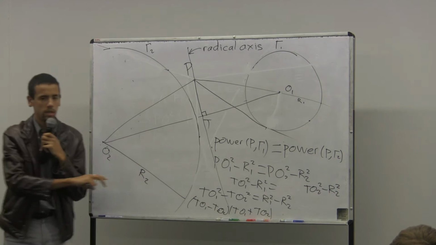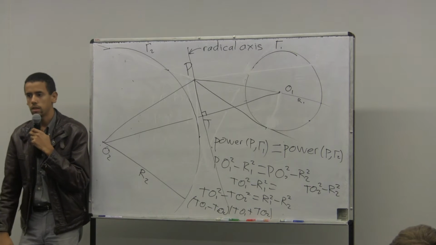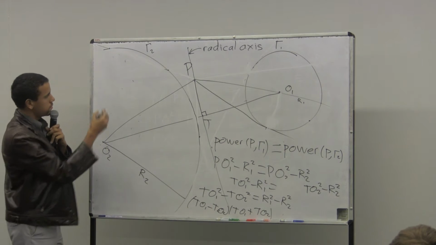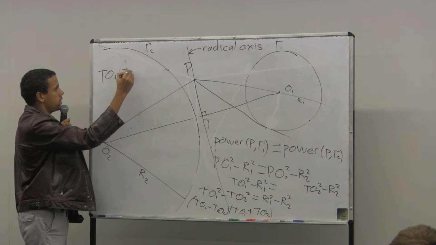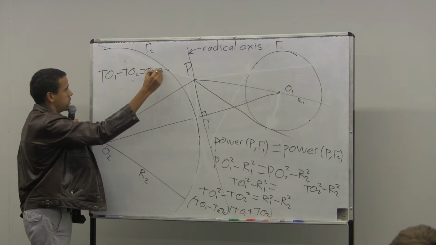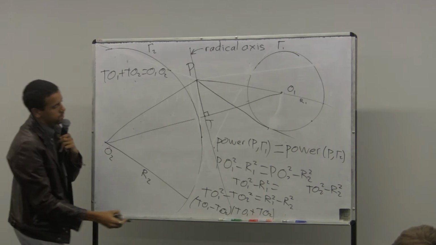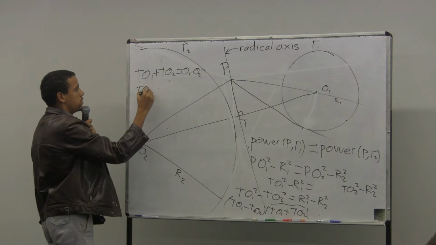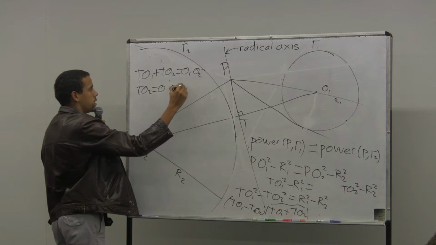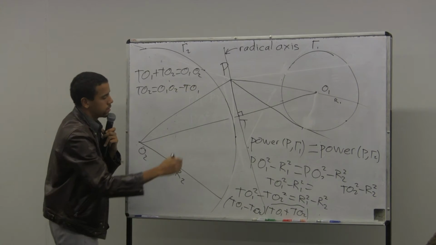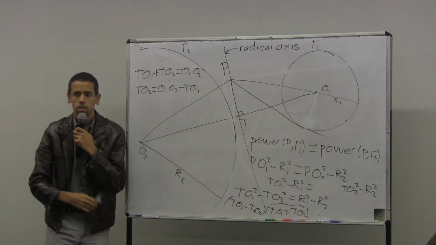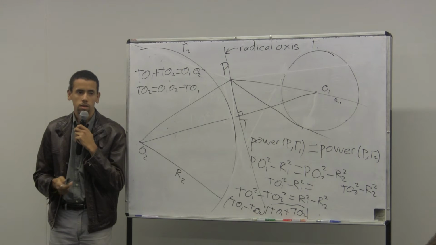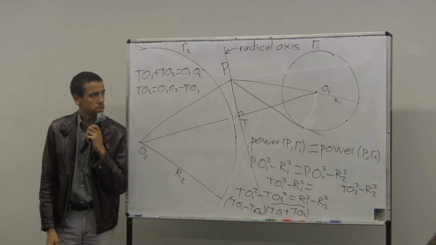So you actually have a linear equation, not a quadratic, that you need to solve. So you can substitute O1O2 for this bracket, and for the other one, TO2 is O1O2 minus TO1. So you'll only be left with TO1. You can just solve the linear equation for TO1, find out what the length is, and then you can dance and jump around for joy.